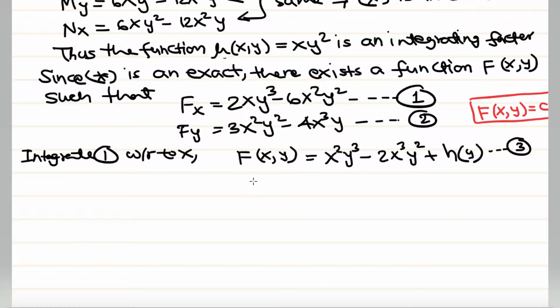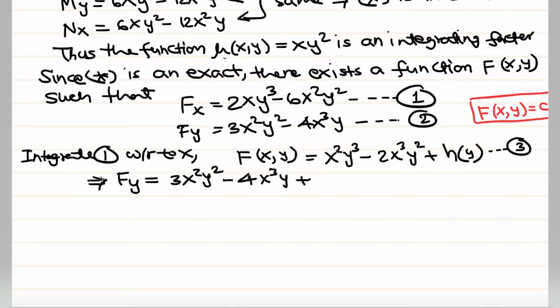So from 3, what is f sub y? The partial derivative of f with respect to y. x squared behaves like a constant, so 3y squared: 3x squared y squared, minus 2x cubed is constant, y squared means 2y, so 2 times 2, 4x cubed y, plus we are finding the derivative with respect to y, partial.